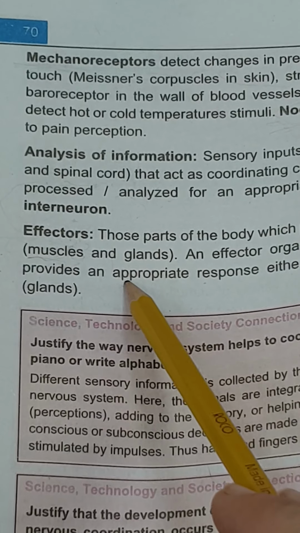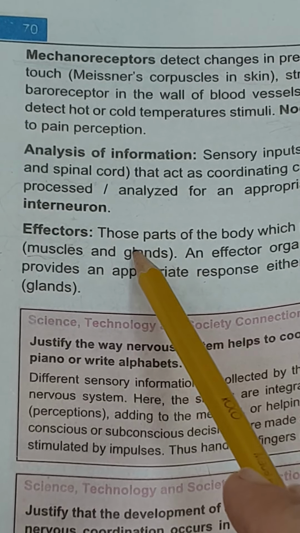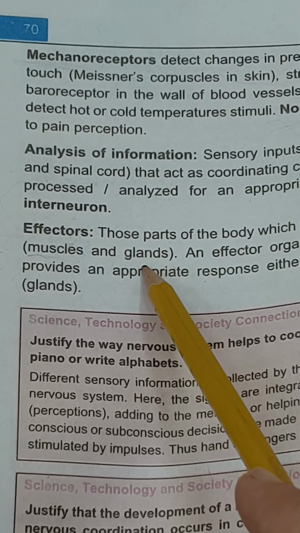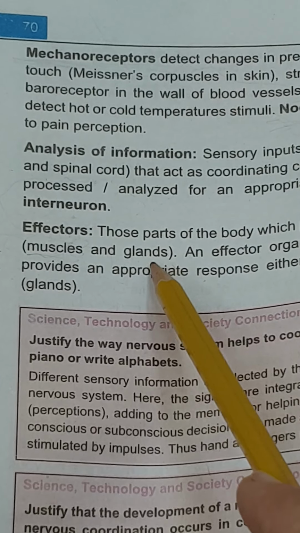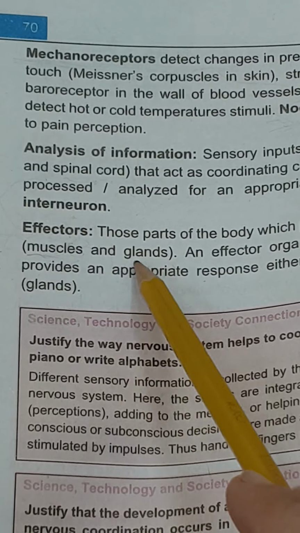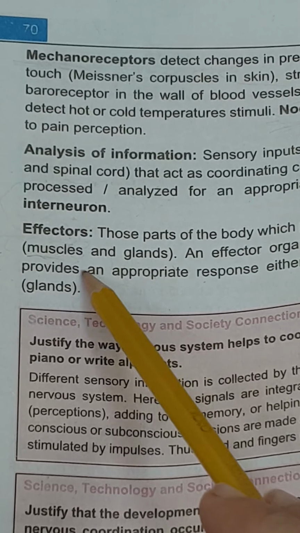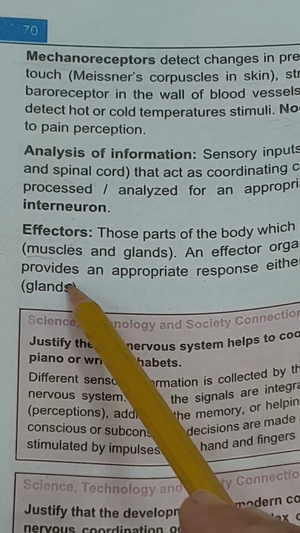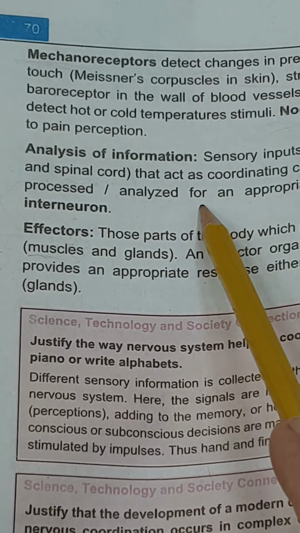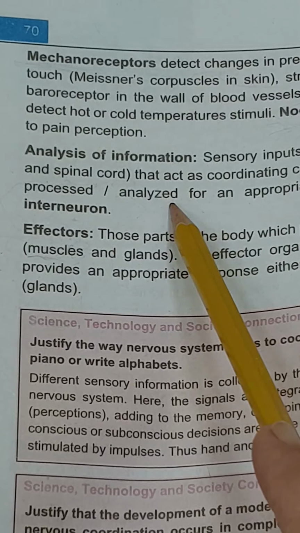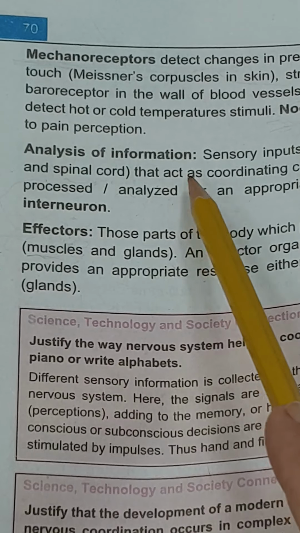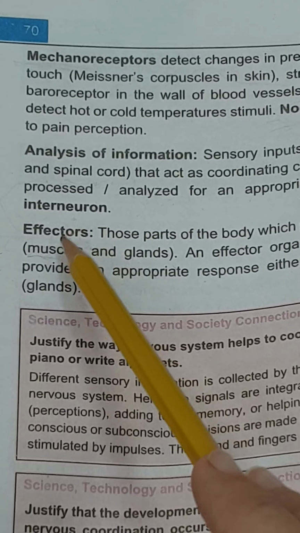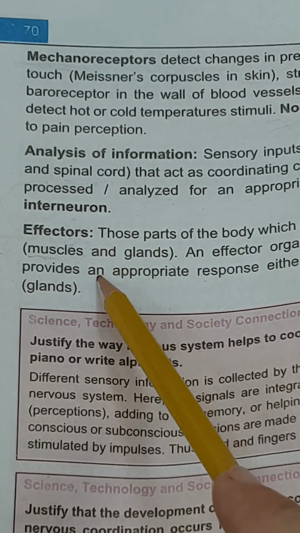And if the effector is a gland, it will start secreting a hormone, or sometimes it will stop secreting a hormone. So these are the two main parts of the body which act as effectors under the information given by the central nervous system, and they receive those orders through specific neurons which are known as motor neurons.